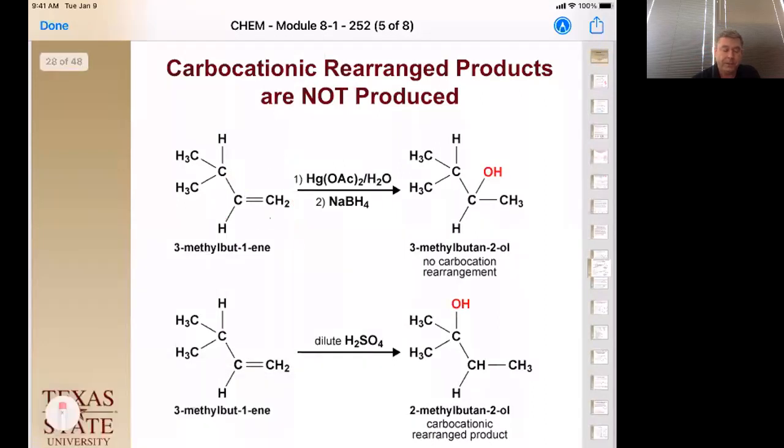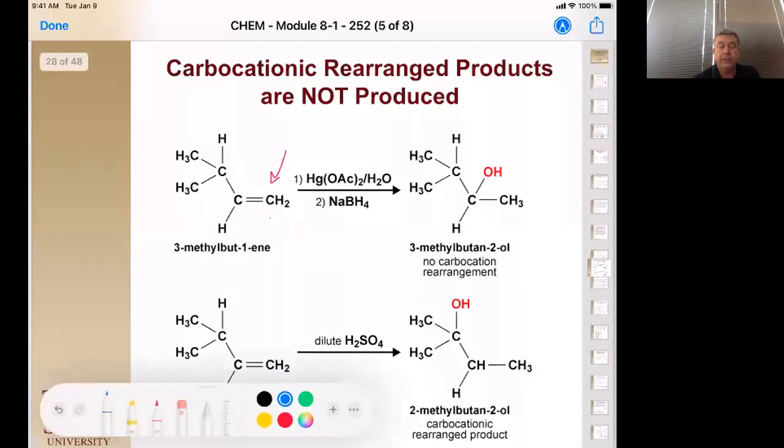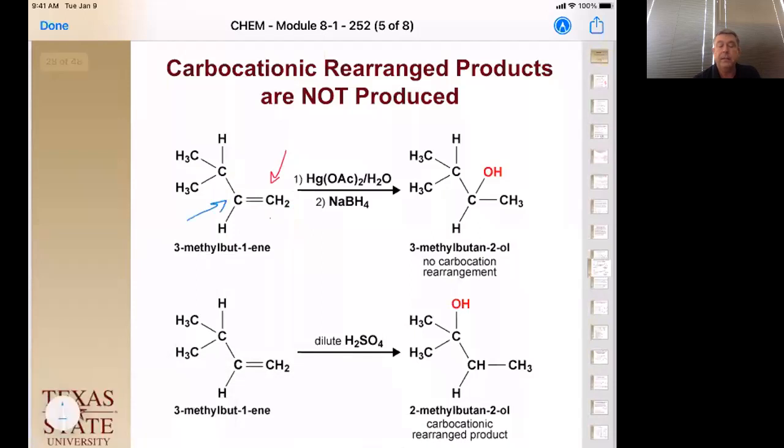The mercury is going to go to the less substituted carbon. The mercury is going to go here, right? Which means our OH is going to end up on this carbon here. This is our secondary carbon. Because we don't go through a carbocation intermediate, it does not rearrange and it stays on that secondary carbon.